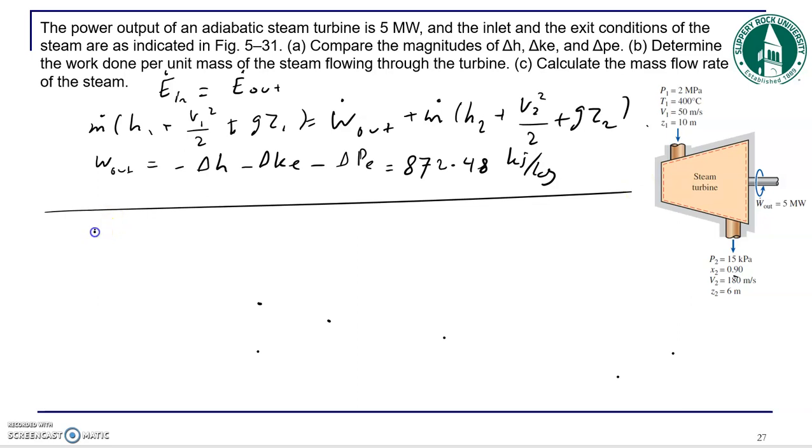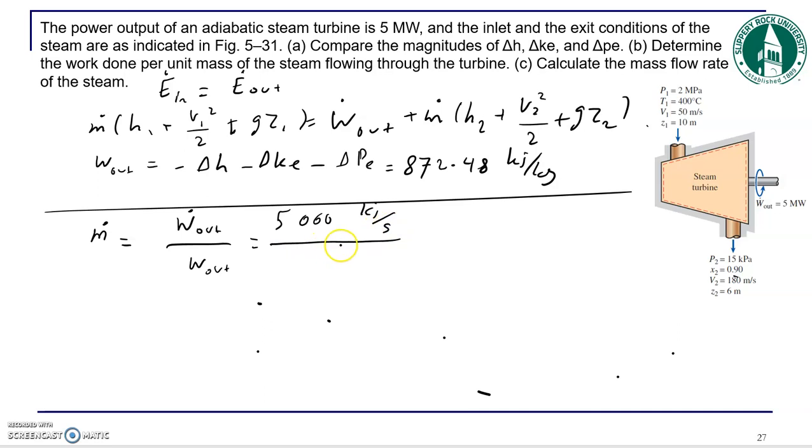So that's part B, and in part C what we want to calculate is the mass flow rate needed. So it's pretty straightforward again. You have the total work done, right? And divided by the work per unit mass you calculated in the previous part, that's going to give you the mass flow rate. So 5,000 kilojoule per second, that was 5 megawatts, right?